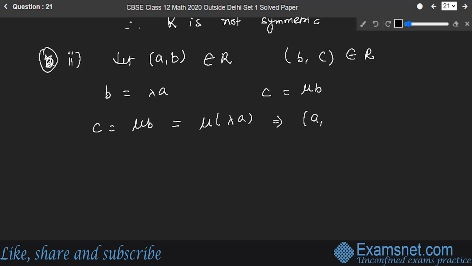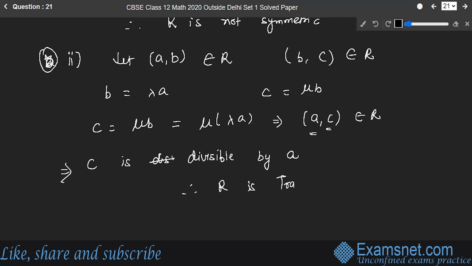This says that (A, C) belongs to R. This implies that C is divisible by A. Hence, R is a transitive relation.